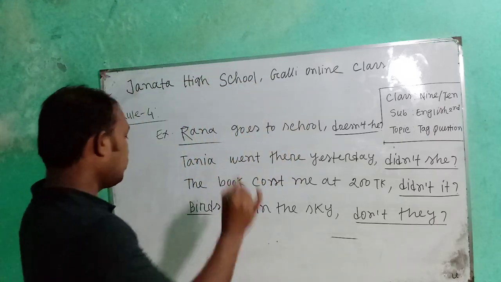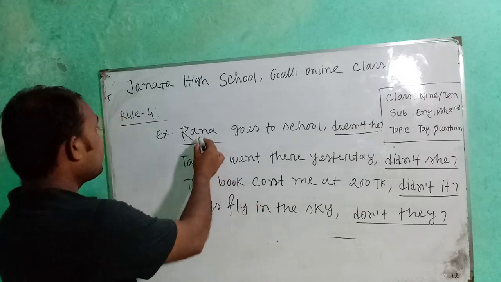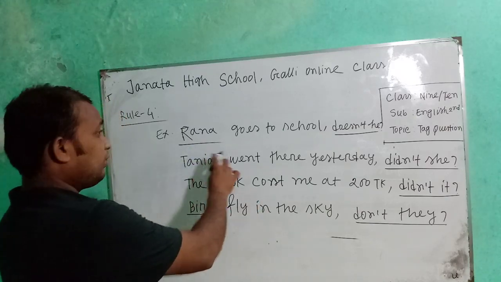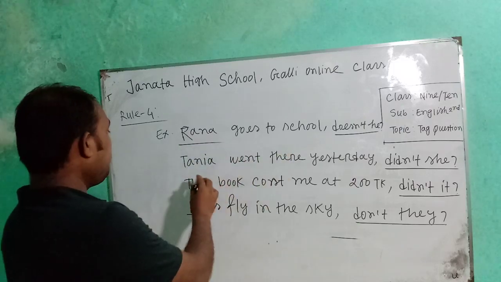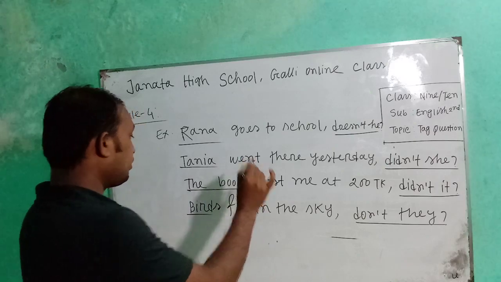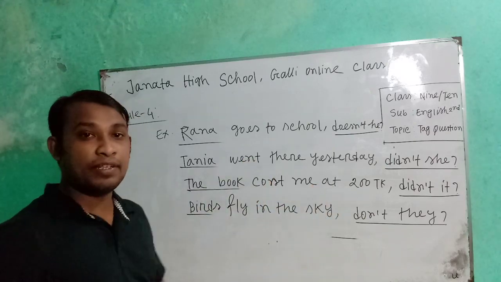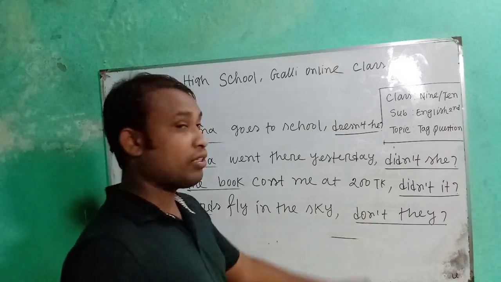Birds, plural subject, don't they? Okay. Rana is a man, so I have used he. Tanya, woman, so I have used she. Book, a thing, so I have used it. Birds, plural subject, so I have used they.